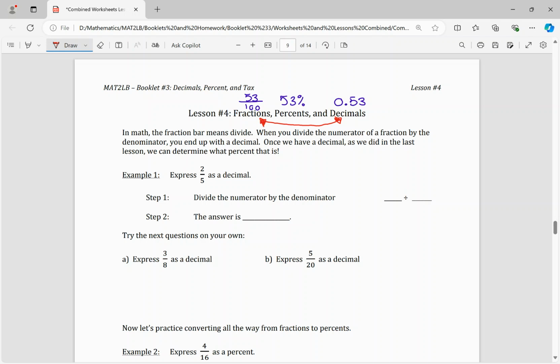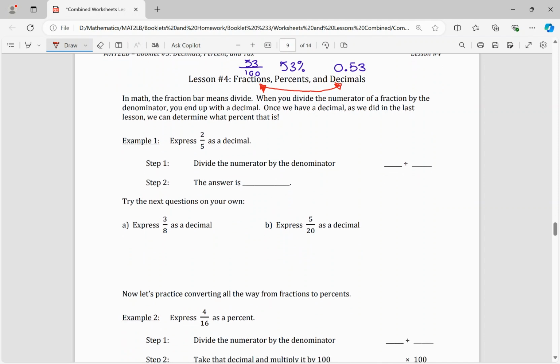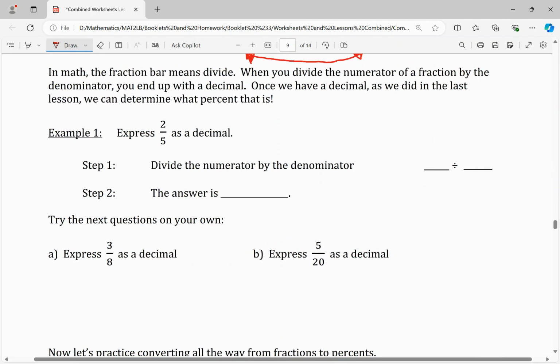In this lesson, we're going to start off by learning how to express a fraction as a decimal if this fraction isn't over 100. Let's take a look.